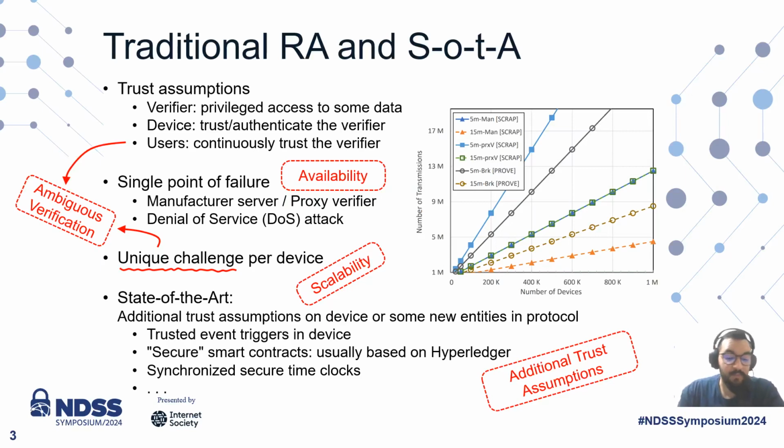This combined with the fact that we require a unique pair of challenges and responses per device limits the scalability of the system in general. As you can see in this figure, the number of messages transferred by one entity in the network is directly affected by the number of attestations multiplied by the number of devices.